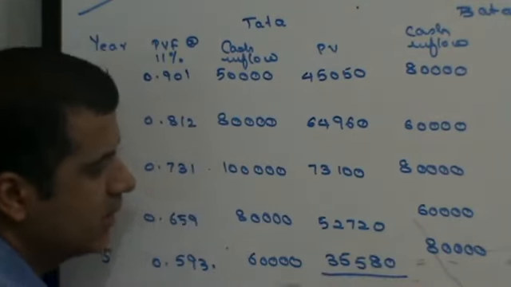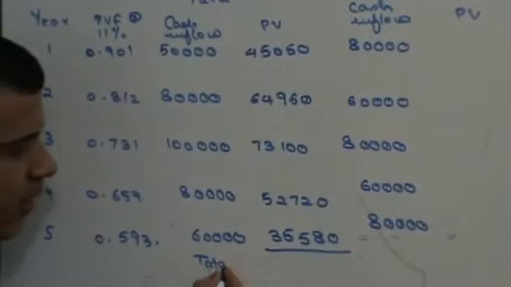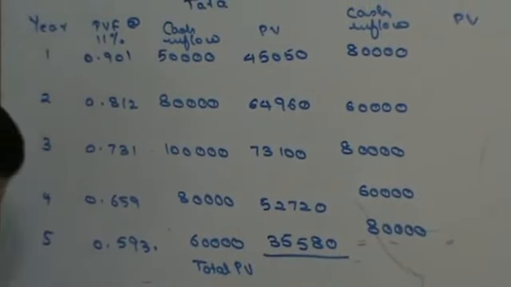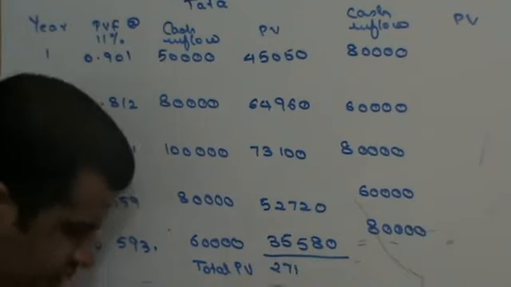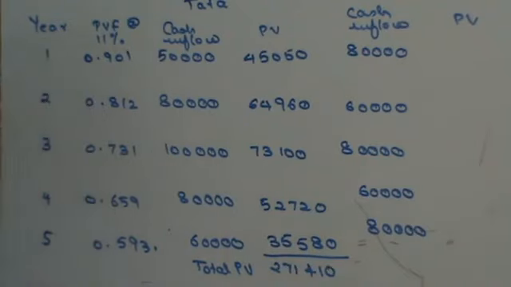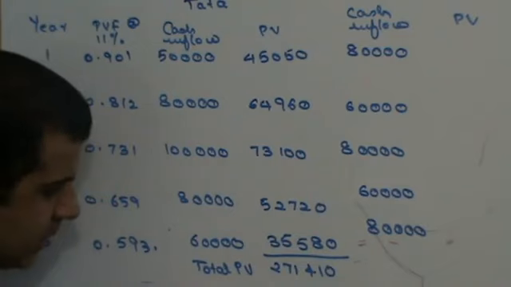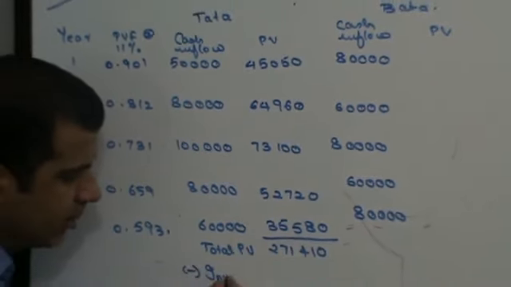So when you add this, this is your total PV. Your total present value over a period of 5 years is going to be 2,71,410, right? Less investment.